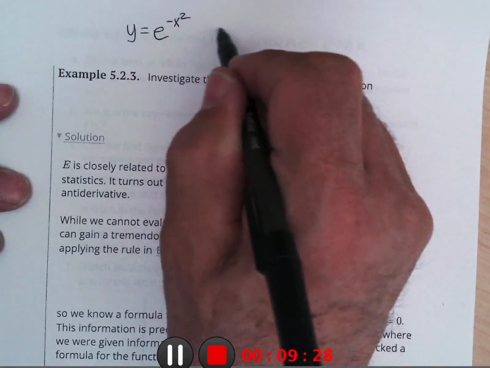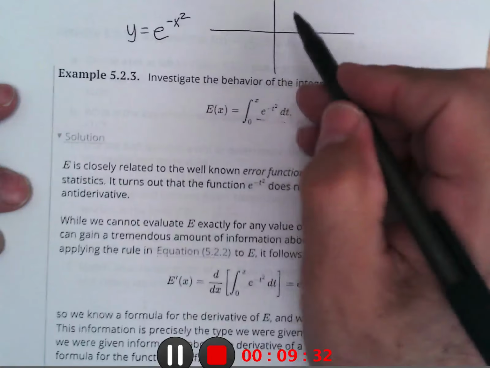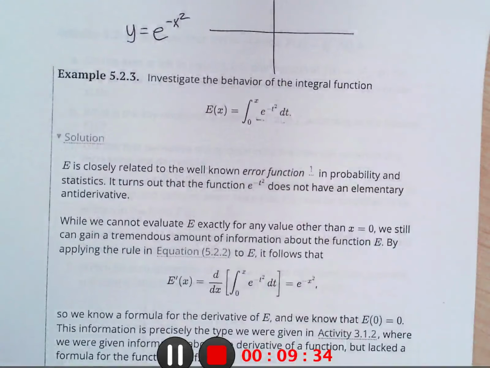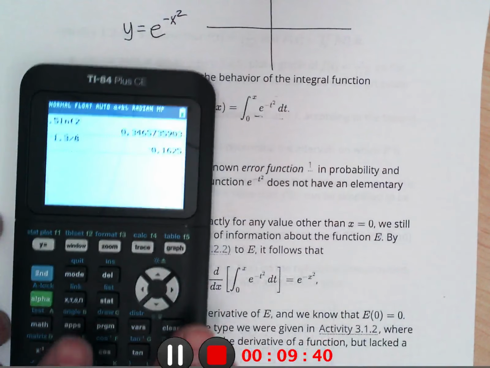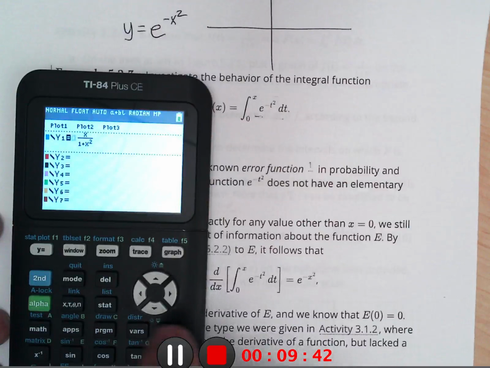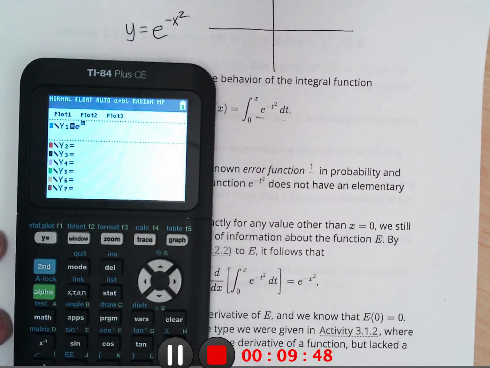So we put it in the calculator, and let's see what it looks like here. I'll put it in my calculator, show it to you, and then I'll kind of sketch it on. E to the negative of x squared. And I'm going to zoom 4.